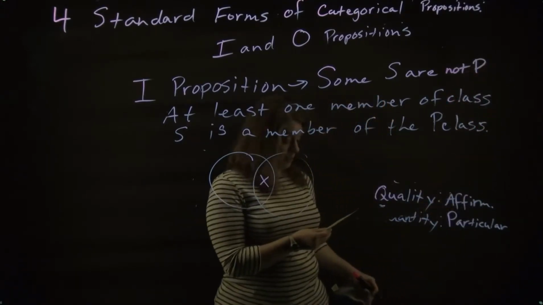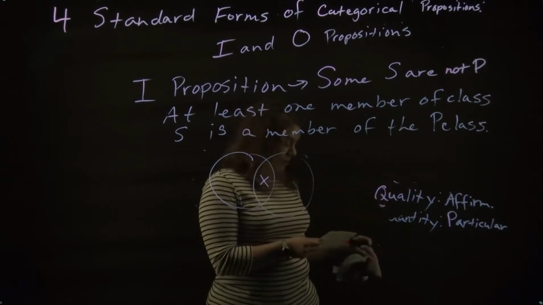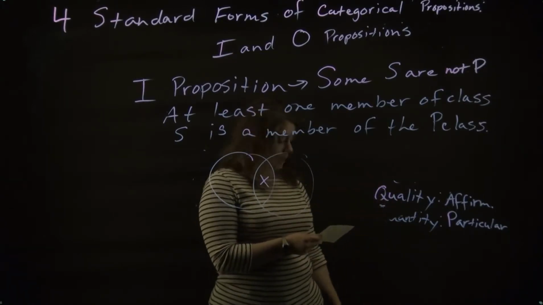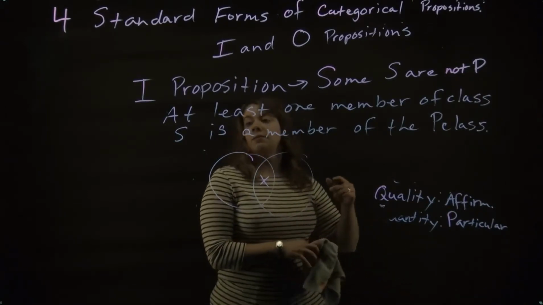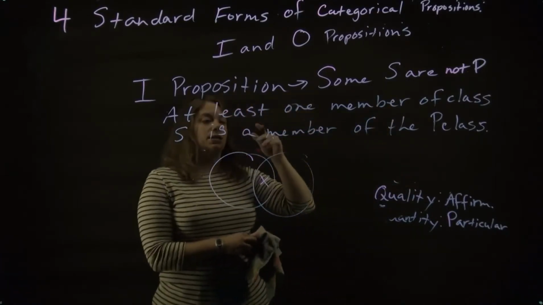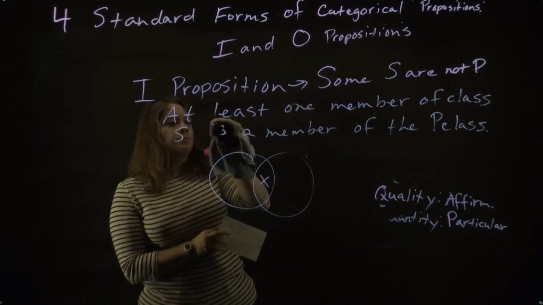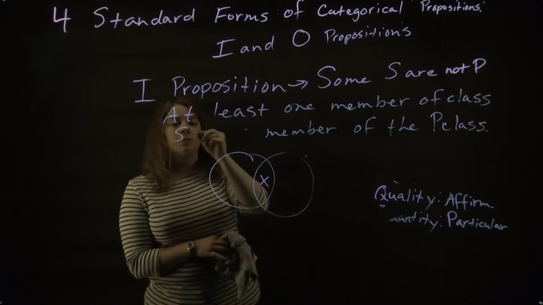Which is, to spell this out further, to say that there's at least one member of the S class that is not a member of the P class.